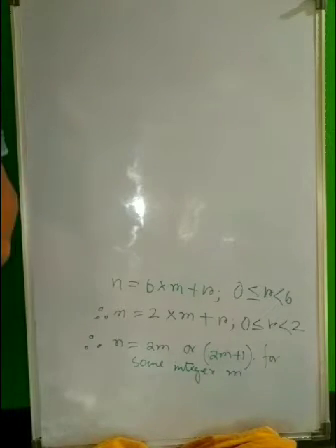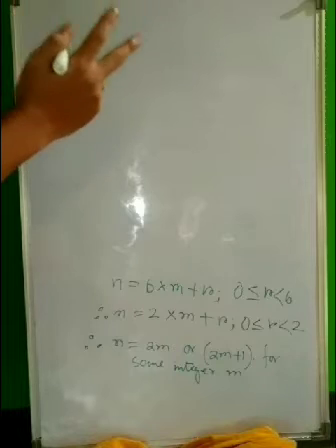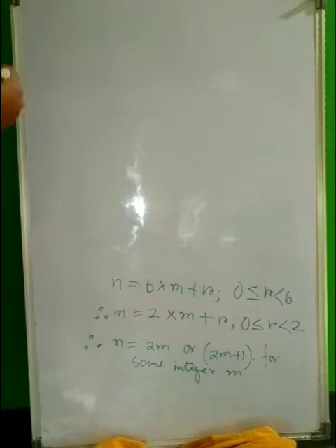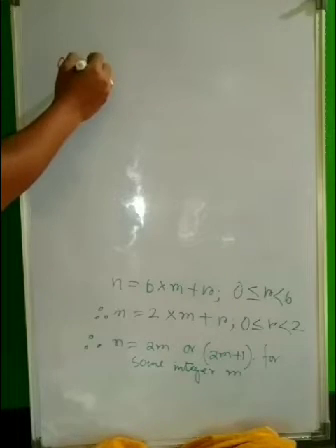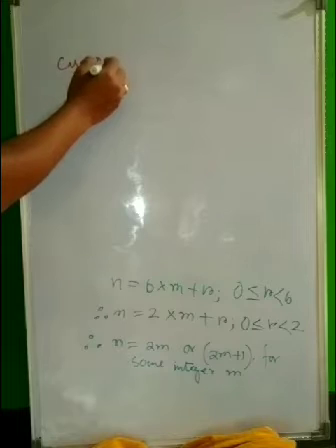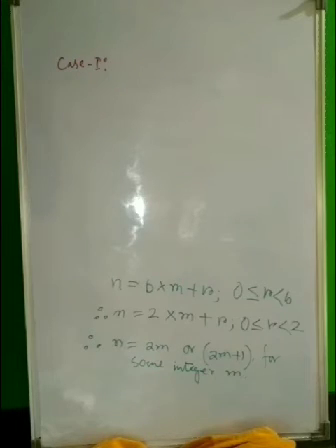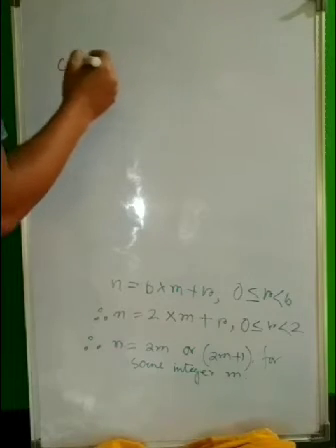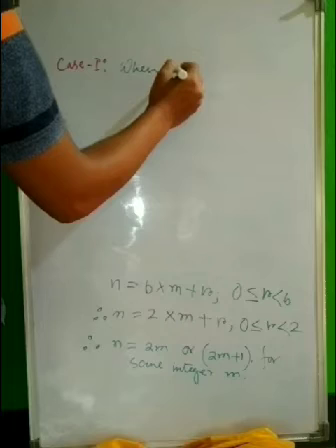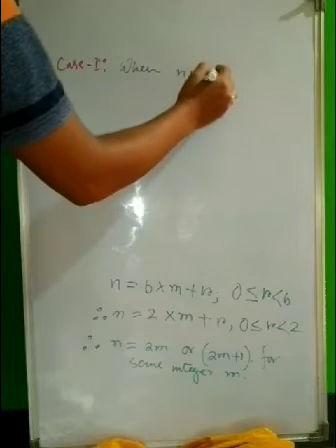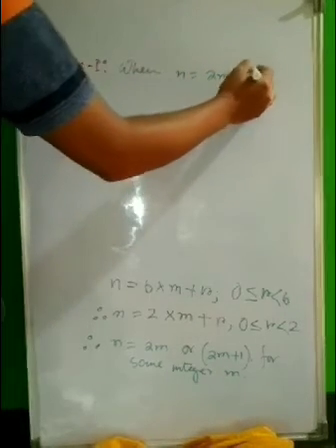As I have said, we have two remainders, one is 0 and the other is 1. So we'll take 0 as the first case, case 1, when n equals 2m plus 0.